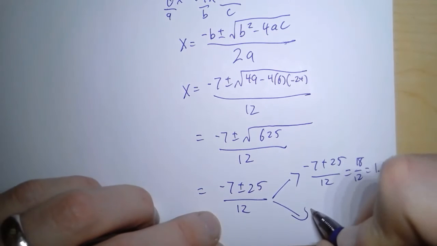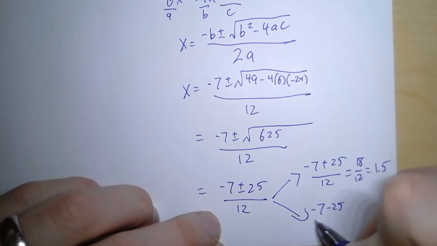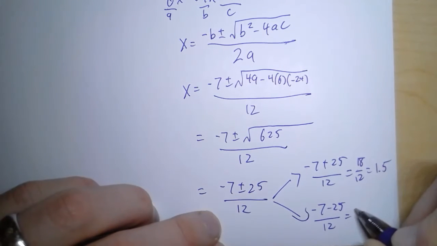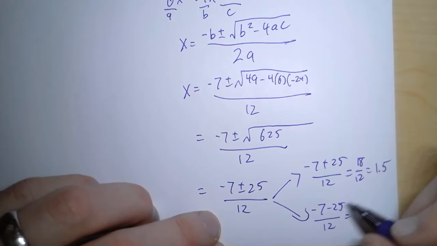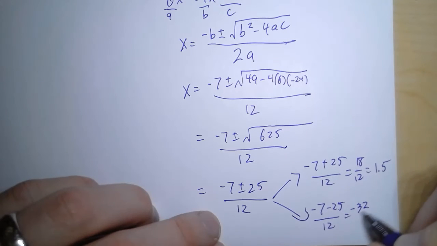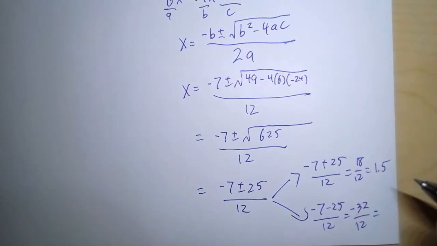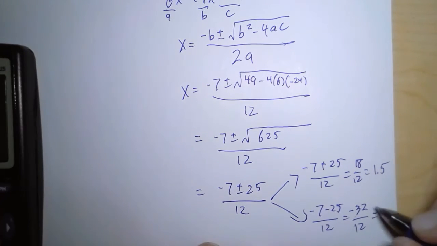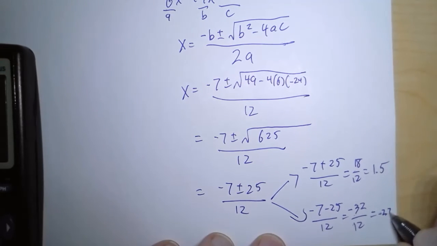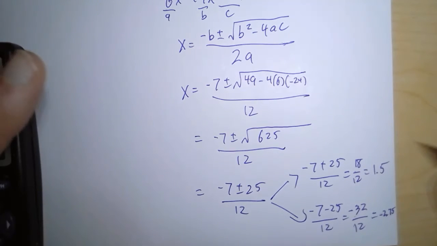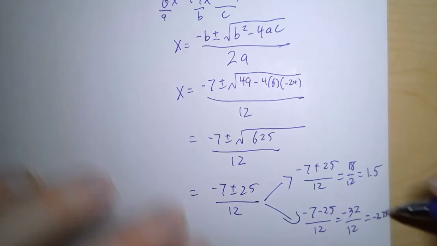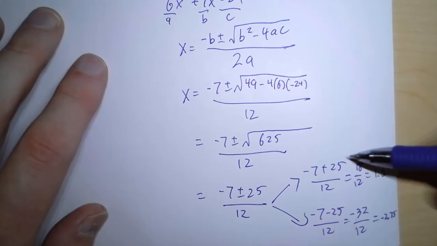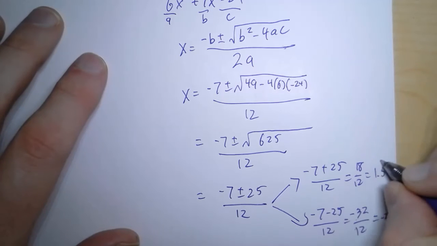And then down below, negative 7 minus 25 over 12 equals negative 32 over 12. And that's going to be negative 2.75, I believe.